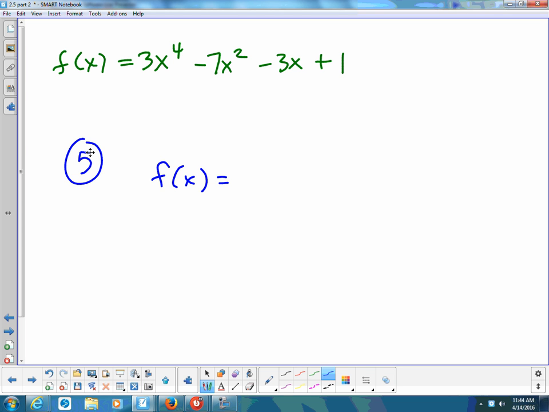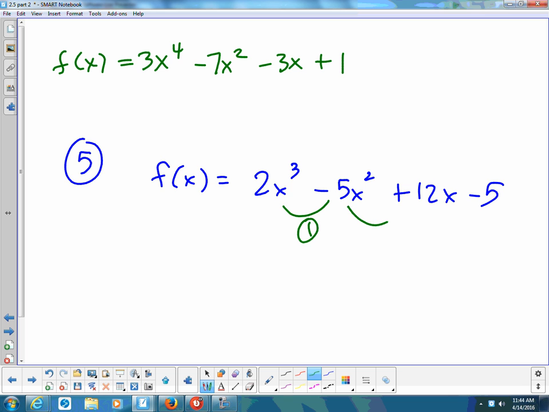It says use Descartes' rule of signs: 2x cubed minus 5x squared plus 12x minus 5. How many sign changes are there in this? Is it 3 sign changes? Going from positive to negative, negative to positive, and positive back to negative.